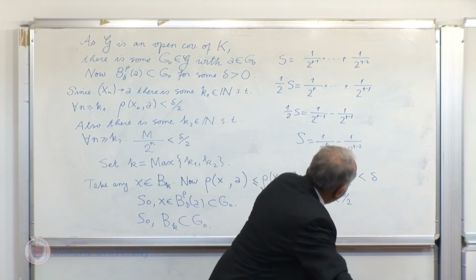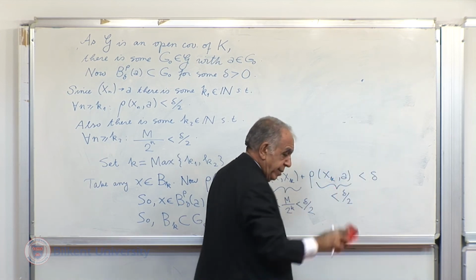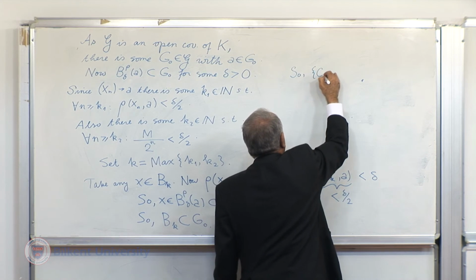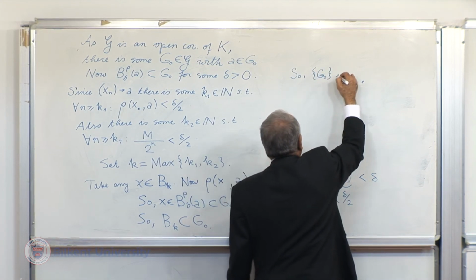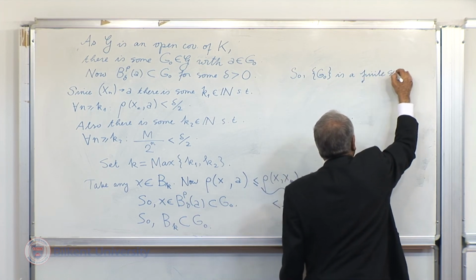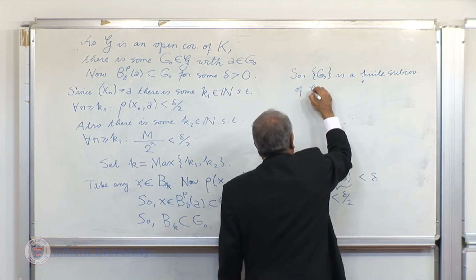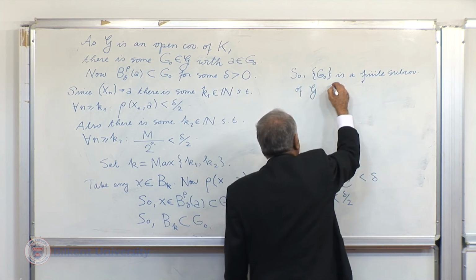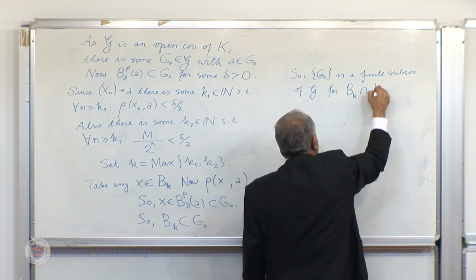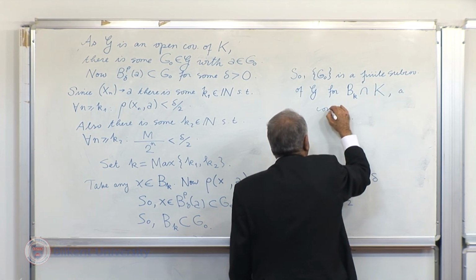So G naught is a finite subcovering of script G for bk intersection k, a contradiction.